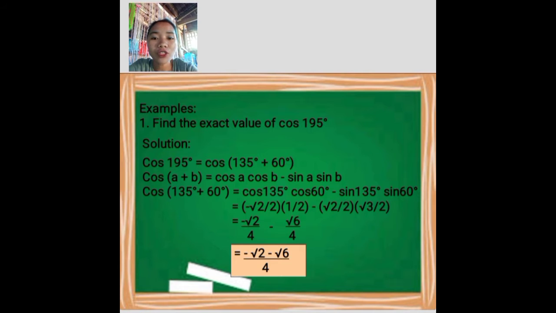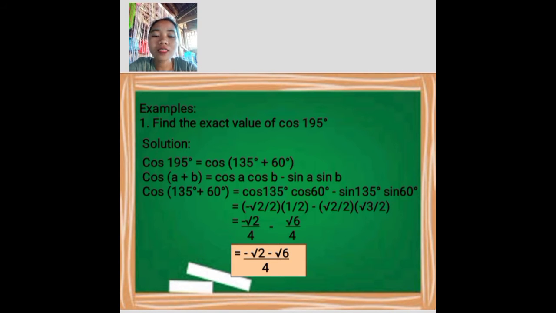So let's substitute the values of a and b. We have cos 135 degrees cos 60 degrees minus sine 135 degrees times sine 60 degrees.